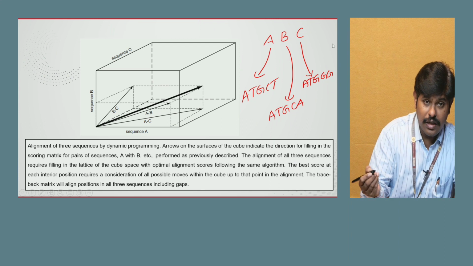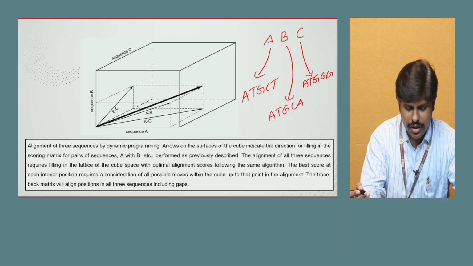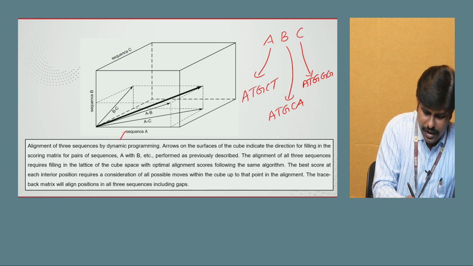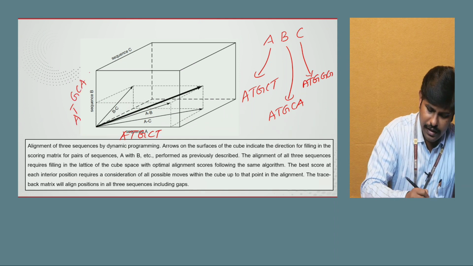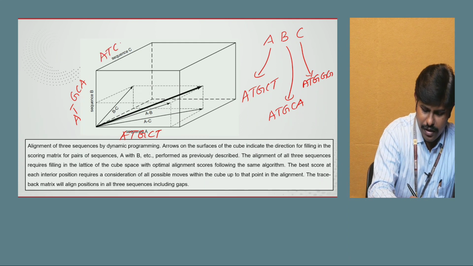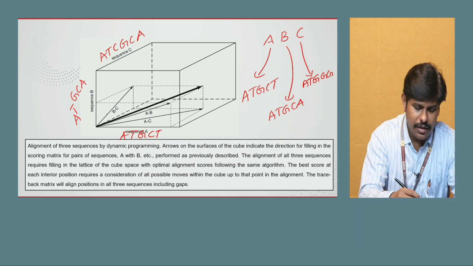Then the simplest dynamic approach will take one sequence on one side, another sequence on another side, and another sequence on another side of a cube or cuboid. Then pairwise alignment is done.